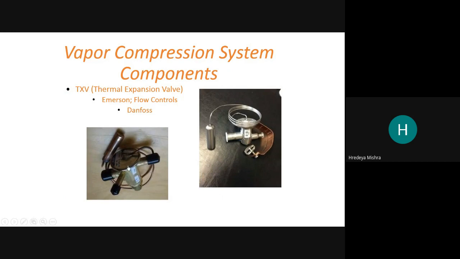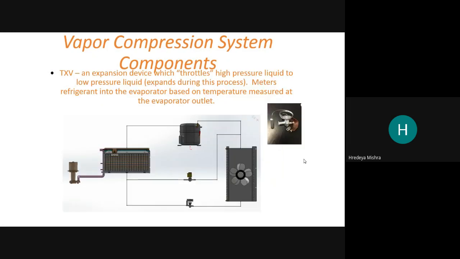The TXV is an expansion device which throttles high pressure liquid to low pressure liquid, and the liquid expands during this process. It meters refrigerant into the evaporator based on the temperature measured at the evaporator outlet.